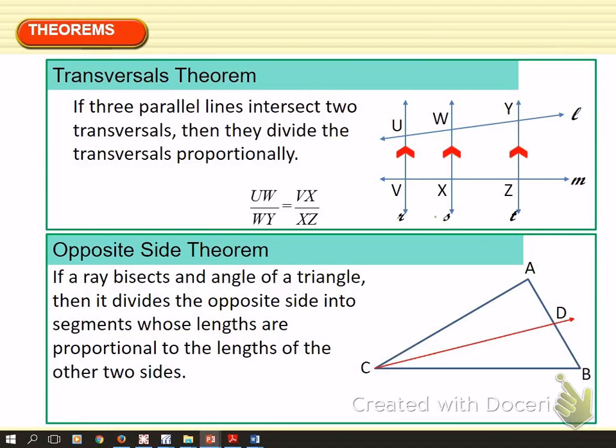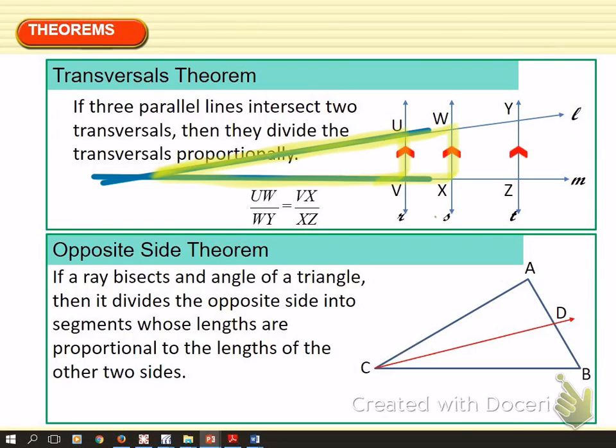At the same time, just like the triangle proportionality theorem, if you extend these transversals out, then you create more triangles. 1, 2, 3.